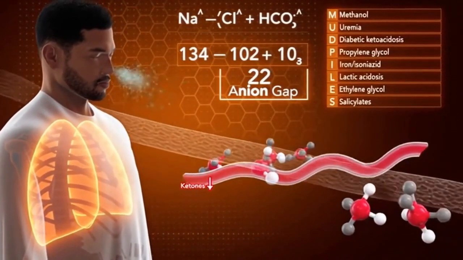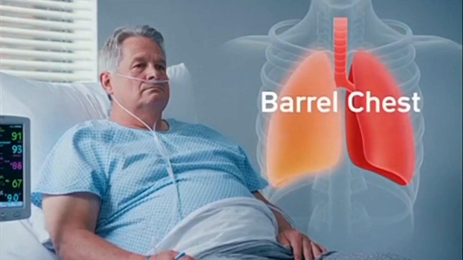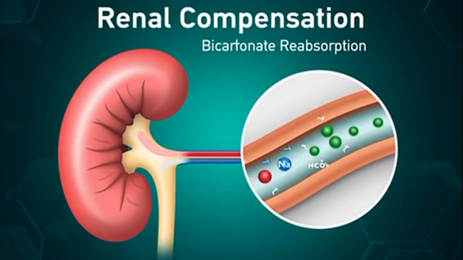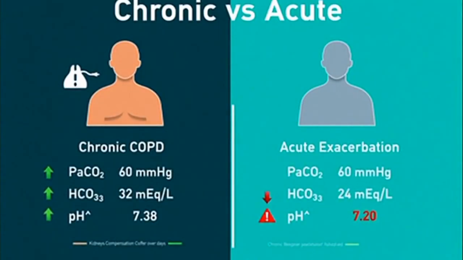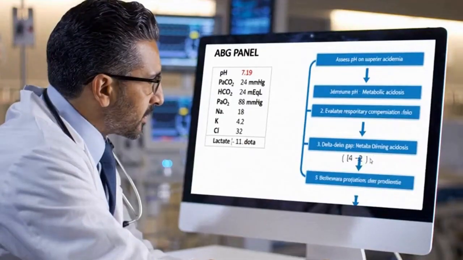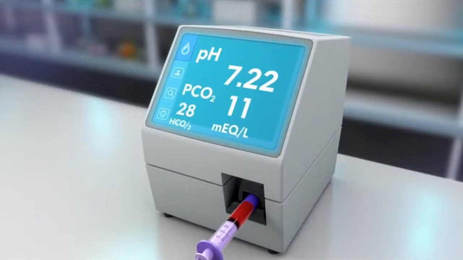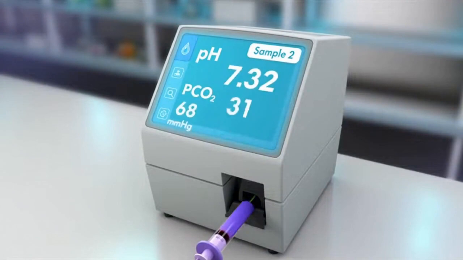Expected PCO2 equals 1.5 times bicarbonate plus 8, plus or minus 2. This is Winter's formula. If the measured PCO2 matches this prediction, compensation is appropriate. If PCO2 is lower than predicted, a concurrent respiratory alkalosis is present. If PCO2 is higher, a concurrent respiratory acidosis exists.